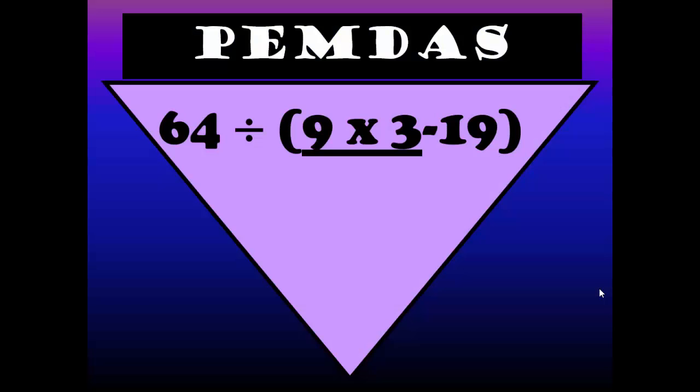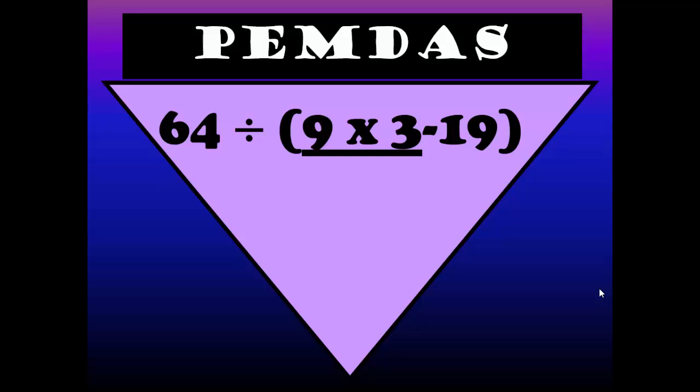One more. So in this one we actually have a large group of parentheses or grouping symbols. So we're also going to refer to them as grouping symbols because sometimes we're going to have brackets within them. And when we're looking at these grouping symbols, we want to start just by doing PEMDAS when we have more than one operation inside the parentheses. And inside the parentheses we have 9 times 3 minus 19.